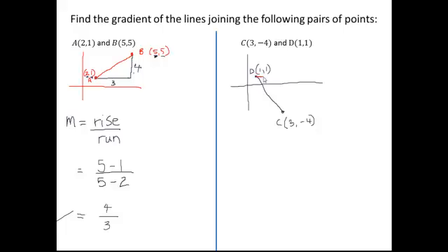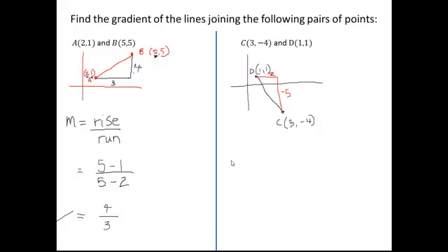Okay, so I'm going to go from left to right, and then I'm going to go down. So from left to right, my x coordinates, I go from 1 to 3. So my run is 2. Now, my y coordinate, I go from 1 to -4. So I'm actually going down by 5.